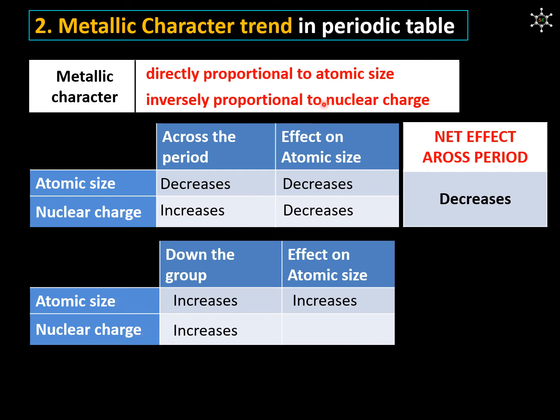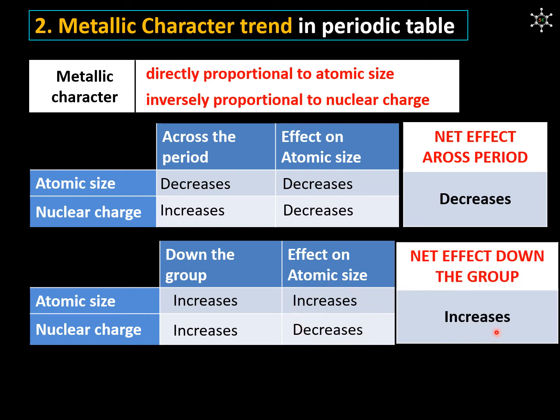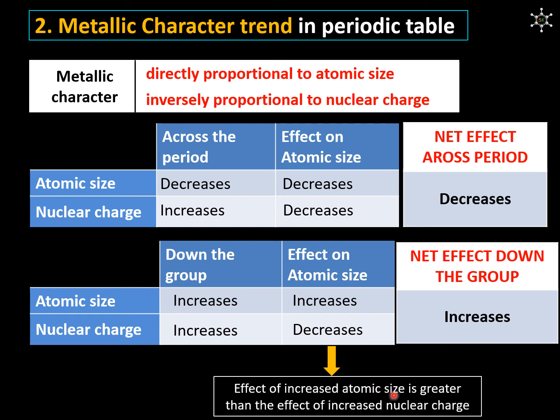Since nuclear charge is inversely proportional to metallic character, metallic character decreases down the group because of nuclear charge. What happens to the metallic character down the group will be a resultant of these two, and that is metallic character down the group increases. This is because the effect of increased atomic size is greater than the effect of increased nuclear charge.